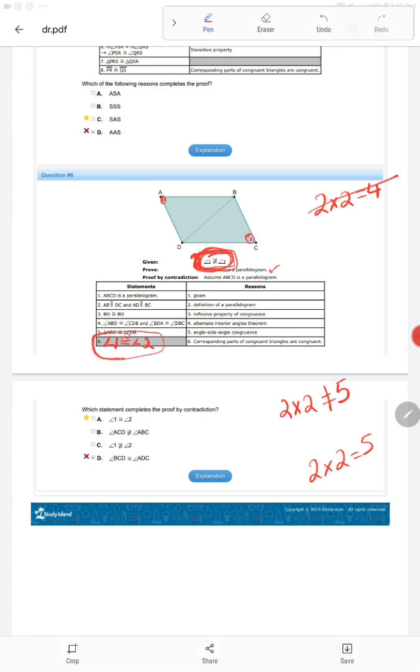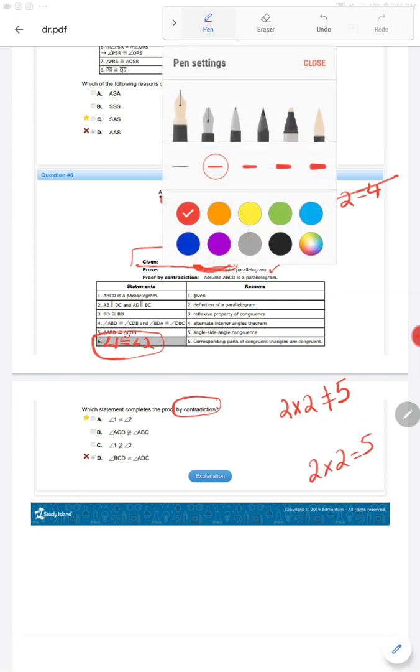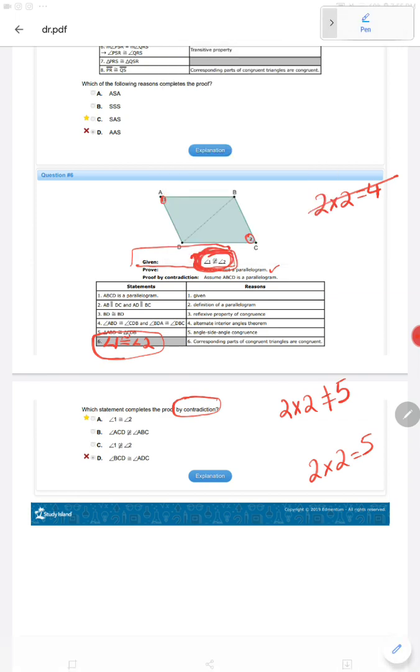You don't even need to think about the flow of the proof. What you need to know is, if there's a given statement, if there's an assumption, and if you're doing proof by contradiction, all you need to do is find exactly the opposite of what the assumption is. Like the opposite of this would be angle 1 is congruent to angle 2. So that would be your answer.